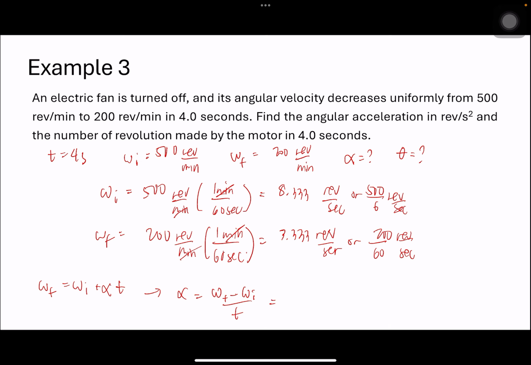Substituting the values, we get the final as 3.333, so let's just write the decimal. Then the time, 4 seconds. Remember, this will be revolutions per second. This will be second, the one below, so it will just cancel out.